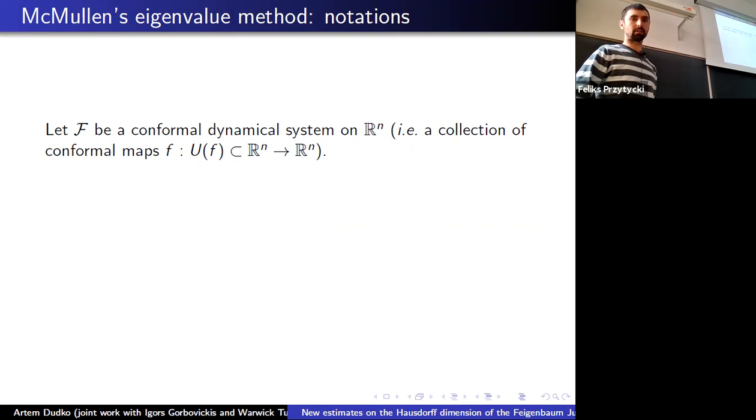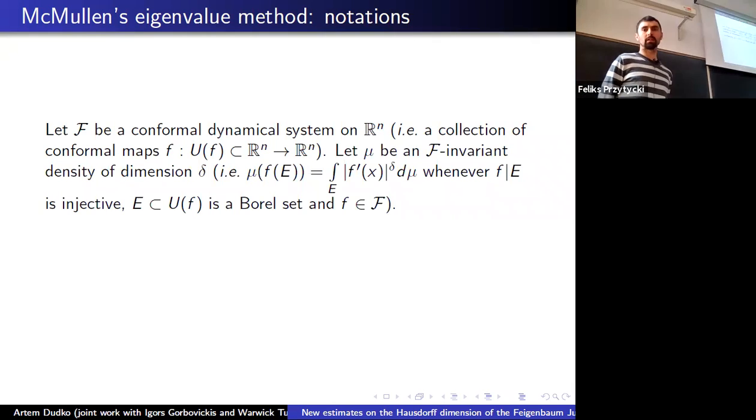So assume that we have a conformal dynamical system, so a collection of conformal maps from some domain in R^n to R^n. And assume that we have an invariant density of dimension delta.